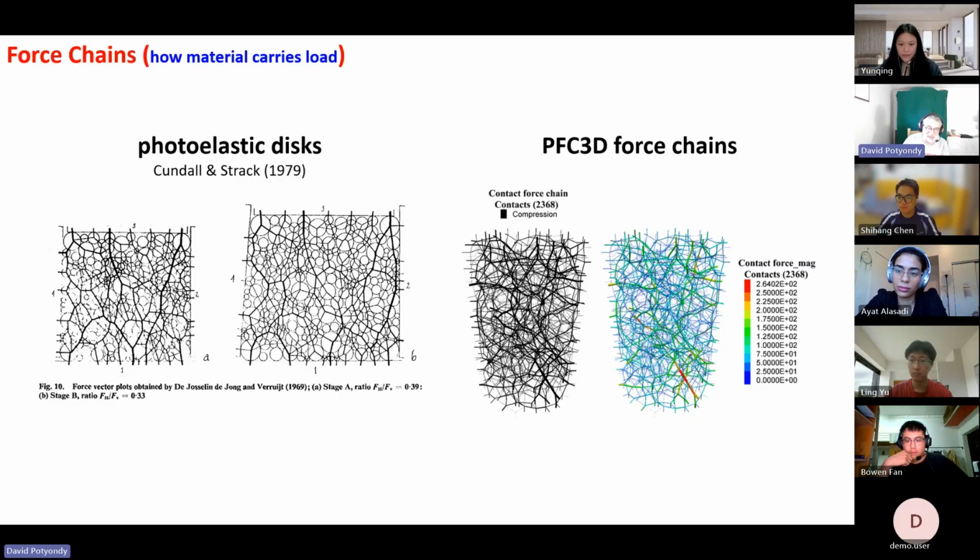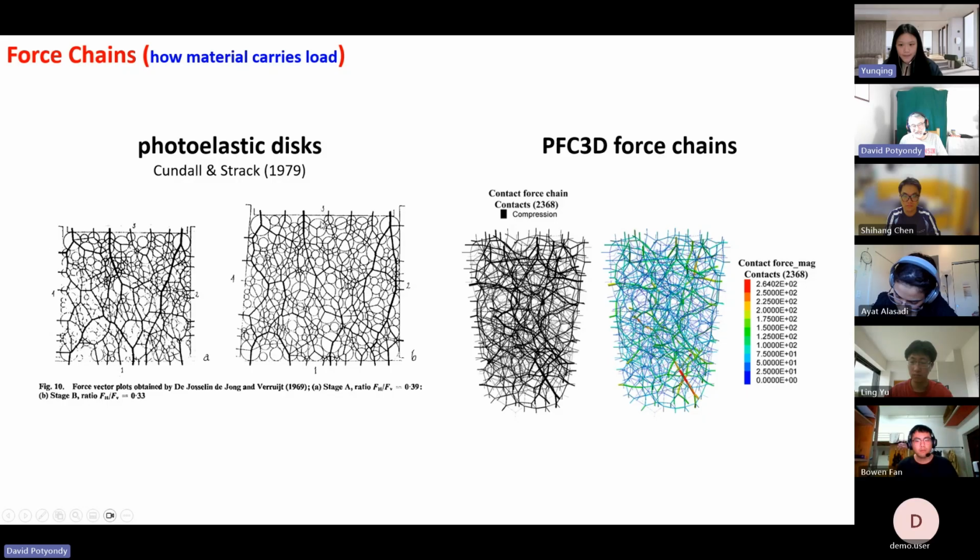Another thing people will often do is they'll look at something called coordination number. And coordination number is the average number of forces acting on a single particle. So this guy has a coordination number of 3, this guy has a coordination number of 4.